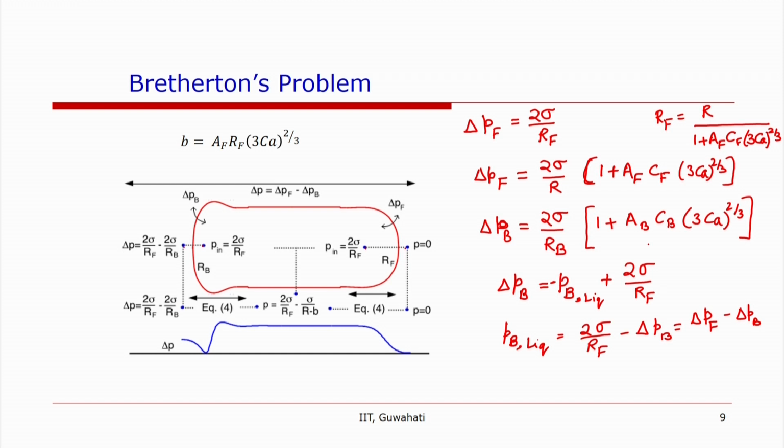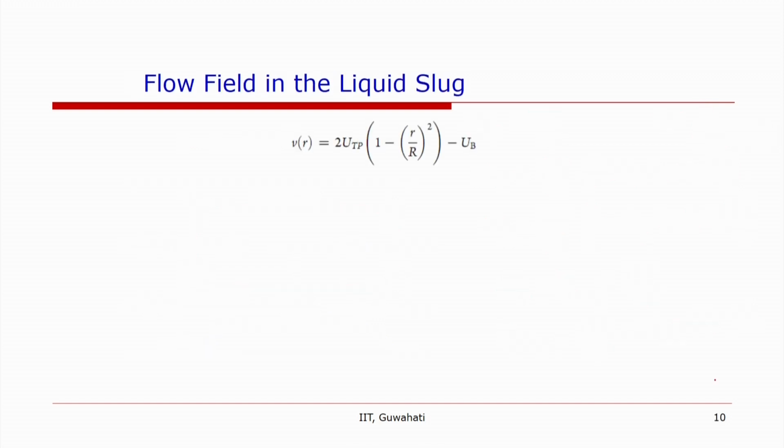Okay, so till now we have looked at Bretherton's problem, and in Bretherton's problem we have analyzed the shape of the bubble, and from that we were able to find out the important and useful relation for the film thickness.